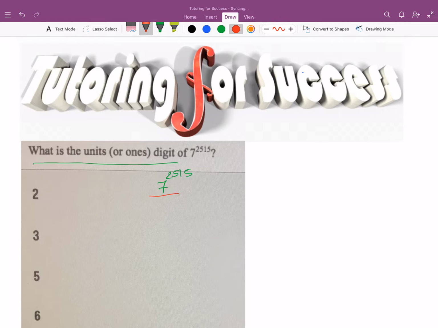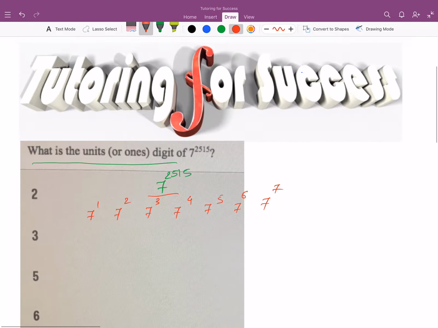So let's start: 7 power 1, 7 power 2, 7 power 3, 7 power 4, 7 power 5, 7 power 6, and 7 power 7. I don't know what the pattern looks like, so I'm just going to be on the safe side, but chances are I may not need to go up to 7 power 7, because that itself is going to be a very large number.